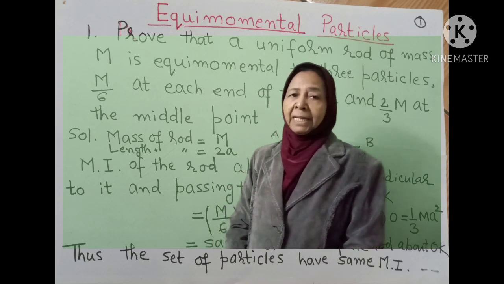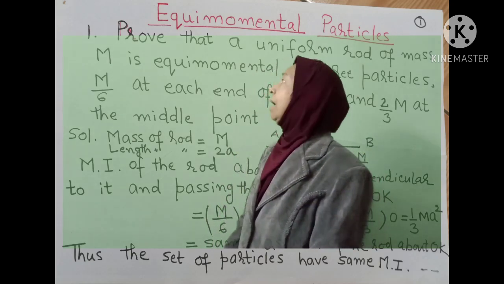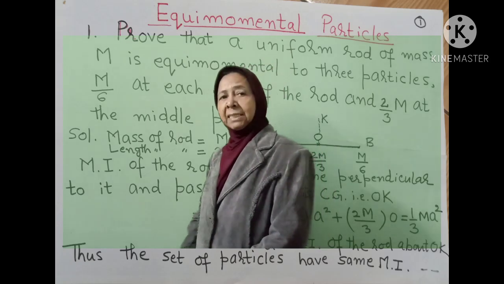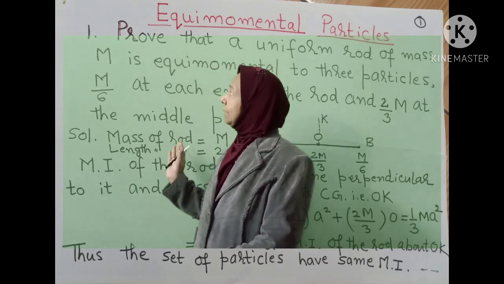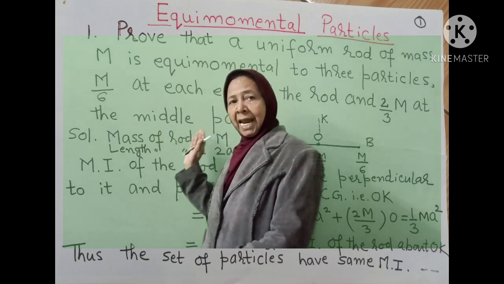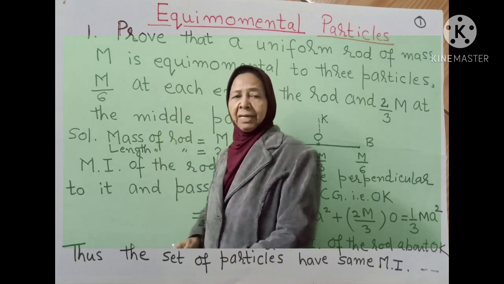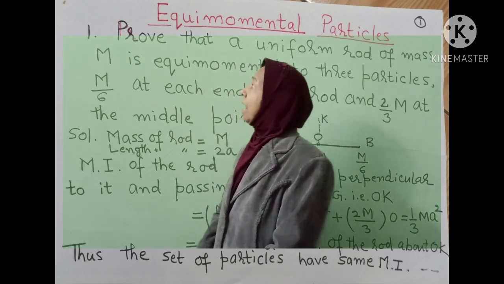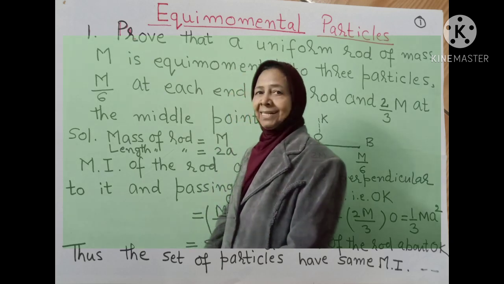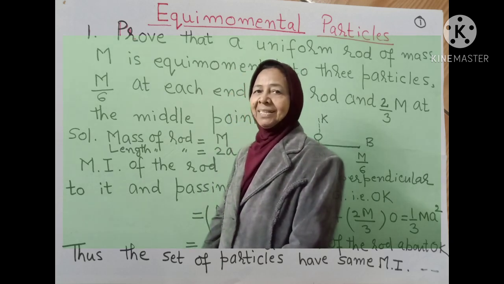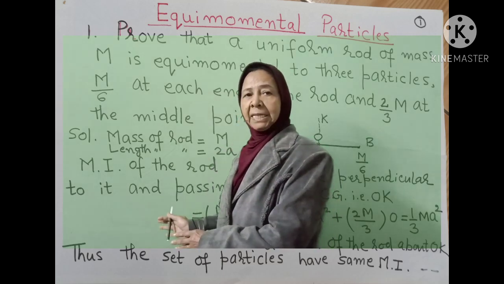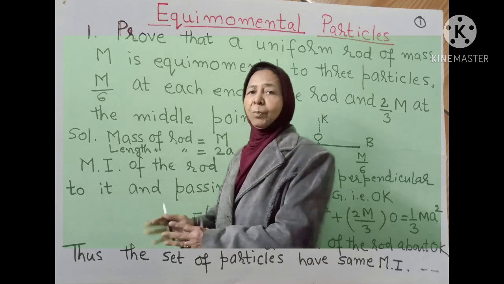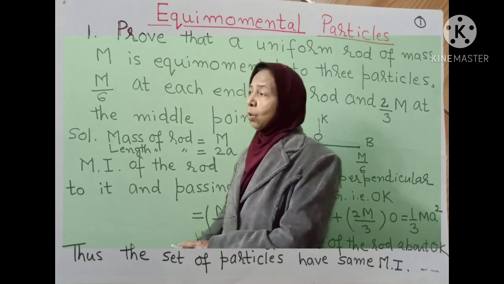What are those particles? Those particles are m by 6 placed at one end, m by 6 placed at another end, and 2m by 3 placed at the midpoint. Okay, so you have to show that this system of particles is equimomental to the rod.